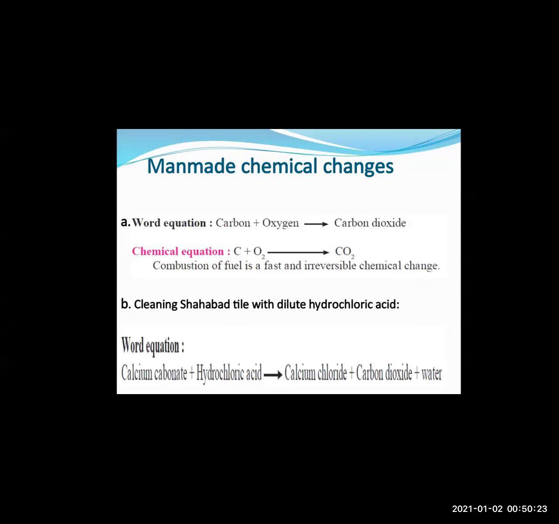So when calcium carbonate reacts with dilute hydrochloric acid, we get calcium chloride, carbon dioxide, as well as water. This is the second use of man-made chemical changes.